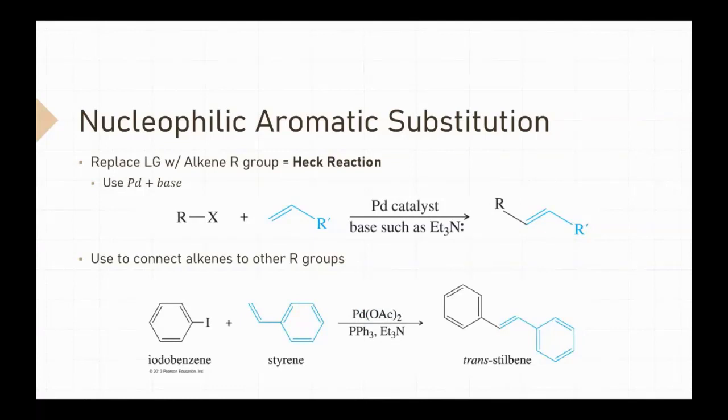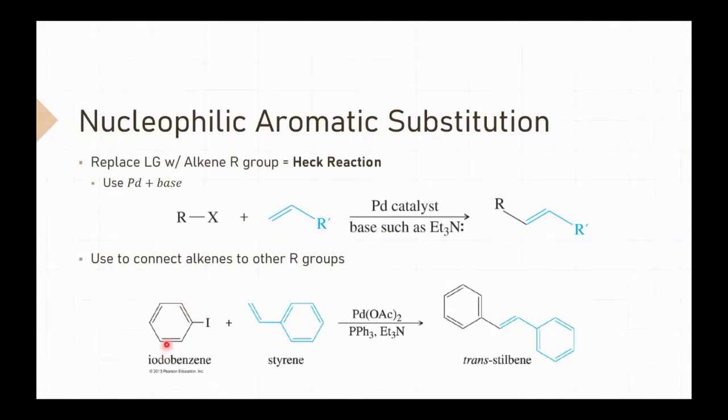And then another reaction to replace leaving groups with R groups is the Heck reaction. Here we need a palladium catalyst and a base. So what happens is you have your leaving group here. It just replaces the leaving group and attaches this alkene on the terminal side of the alkene.